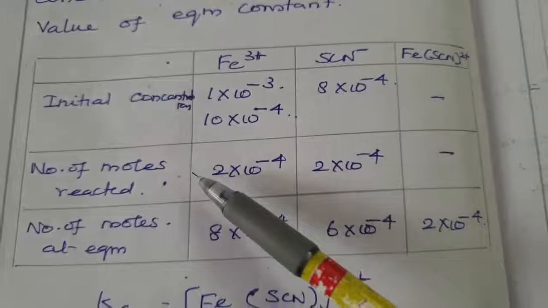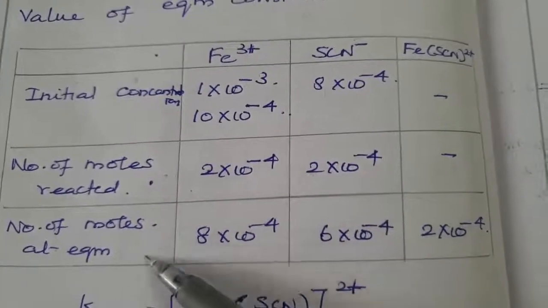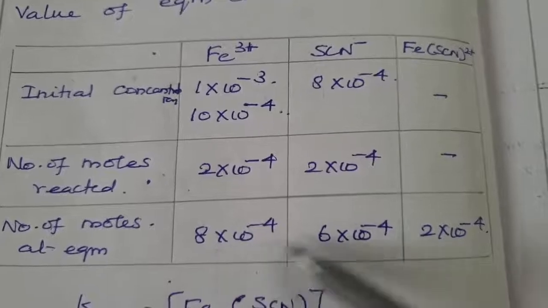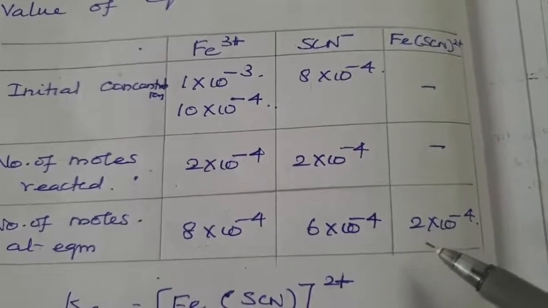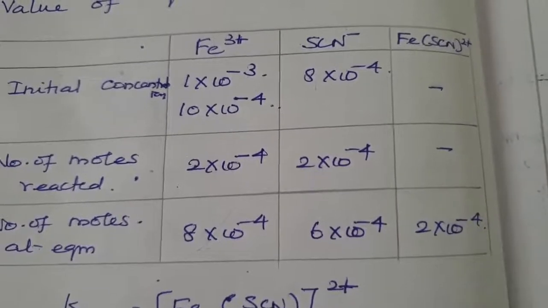Okay, so just leave this line. After that only you have to calculate that. The number of moles at equilibrium is not given, this is also not given. Only the Fe(SCN)2+ is given, 2 × 10^-4.